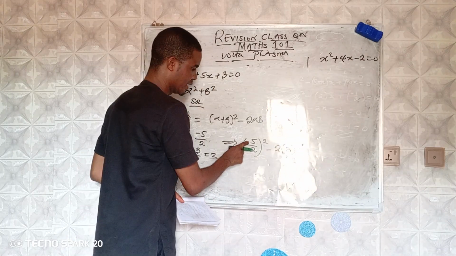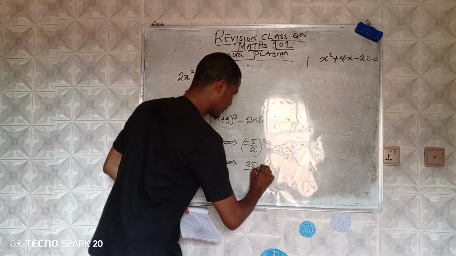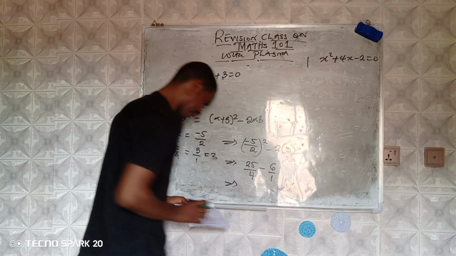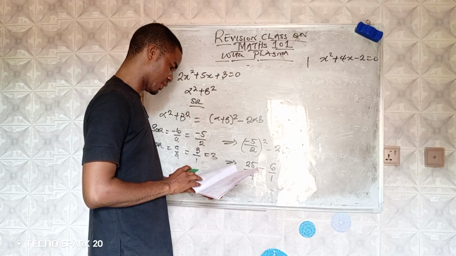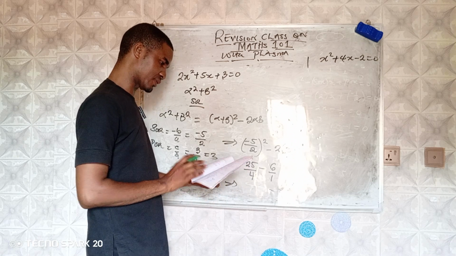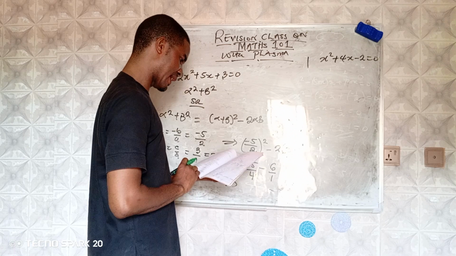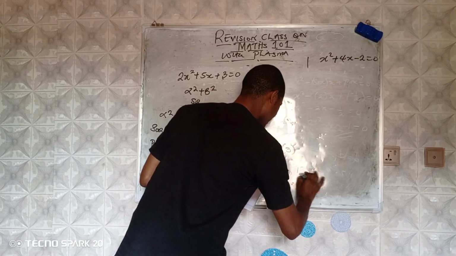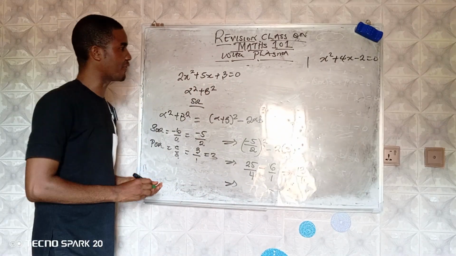This will give me 25 over 4 minus 2 times 3, which is 6 over 1. And if I systematically work on that, you can use your calculator to help yourself out. If you do that, you'll get your answer to be 13 over 4.